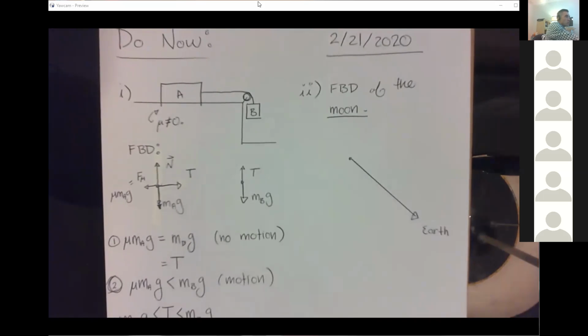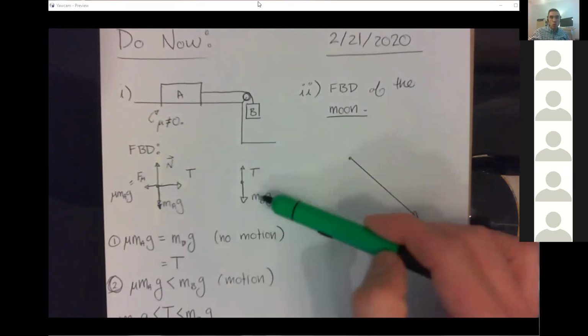And what other forces do you think act on the moon that matter for its orbit based on what you know about gravity? Net force? Net force is not itself a force. Keep in mind when it comes to attributable forces, the forces have to come from somewhere.